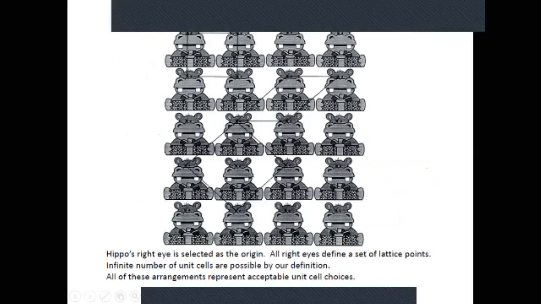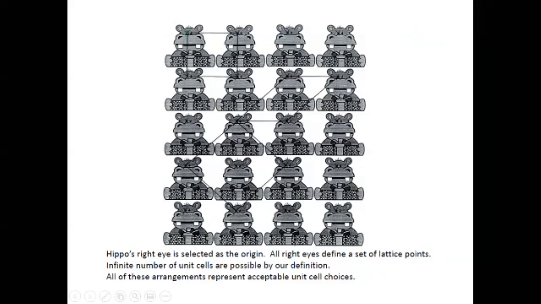So now we're just going to look at identifying types of different unit cells you can have based on the lattice points. So here we have this hippo drawing, and we've identified some lattice points on it. The left eye of the hippo are the 4 lattice points that we've connected in this fashion.